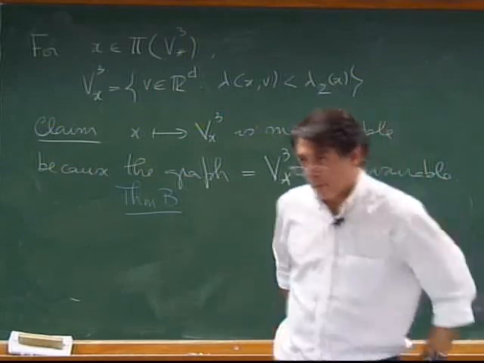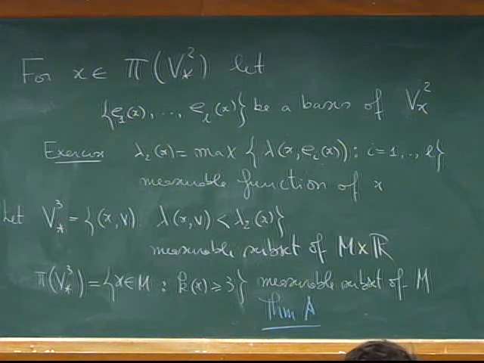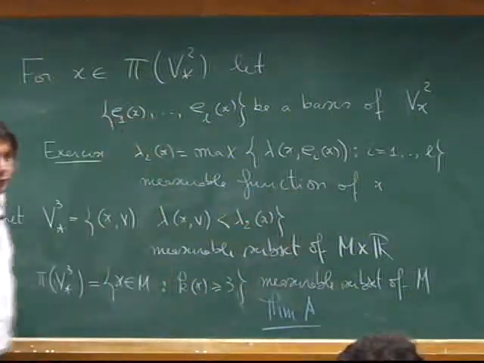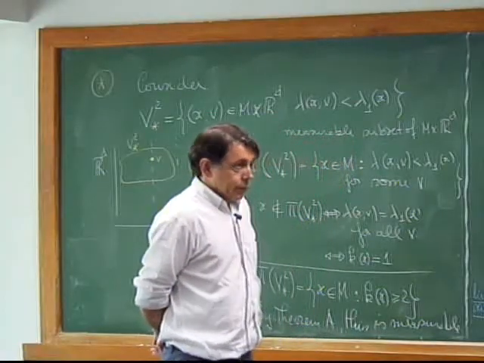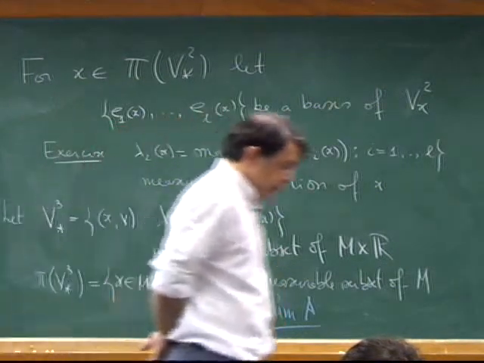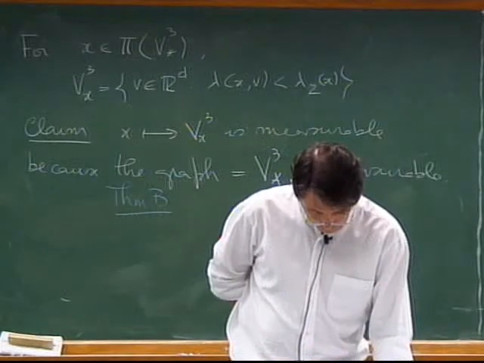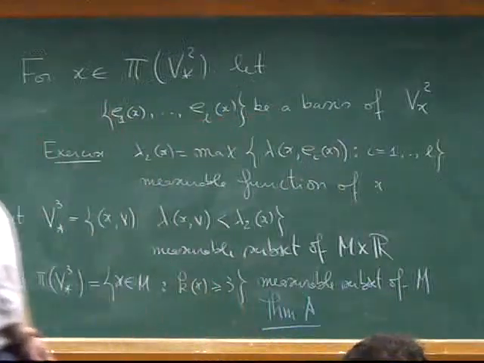So it's not entirely obvious how to prove measurability, but once you have theorem A and theorem B, it becomes just a little machine to repeat this argument. It is a bit more delicate because these dimensions may vary, but there's nothing very profound there. Okay, so you see, this is 95% of the theorem.